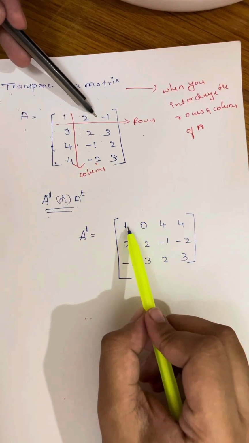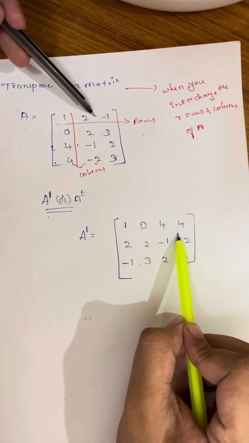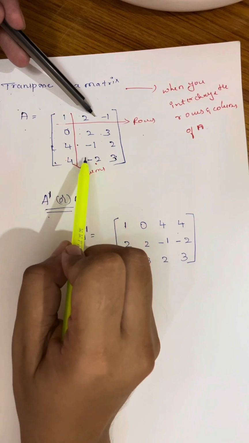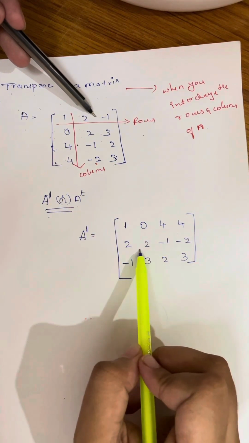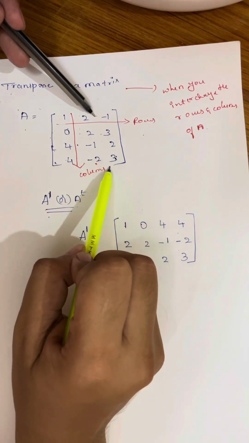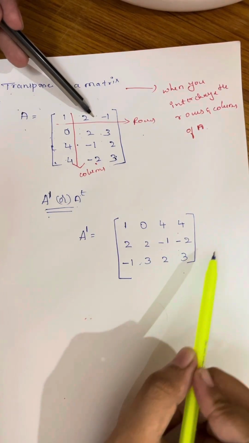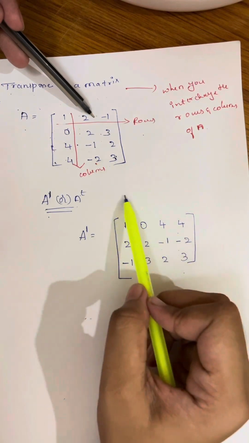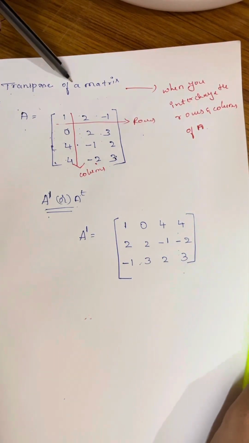I made it the row 1 0 4 4. Then 2 2 minus 1 minus 2, then minus 1 3 2 3. This process is called nothing but transpose of a matrix.